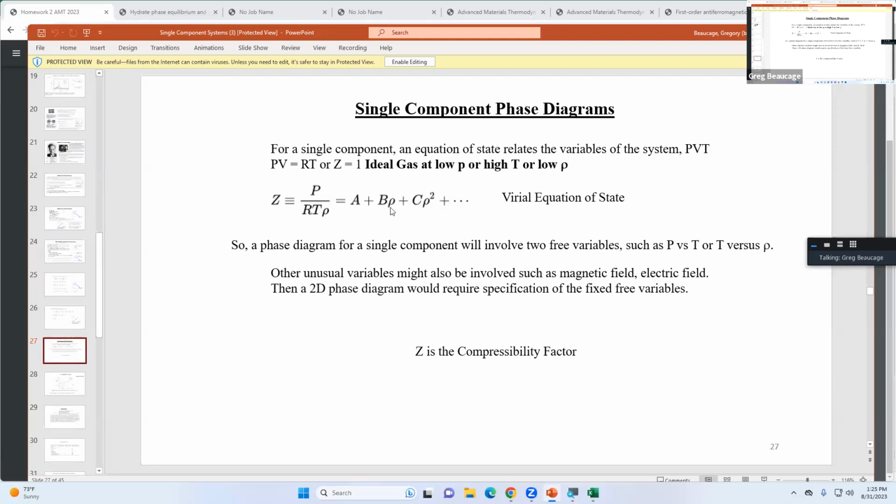It's a brute force approach with these parameters. The A term would be the ideal term, and these other terms are modifications to it, binary modification, ternary modification. There's some logic behind it, but basically it's an empirical approach.